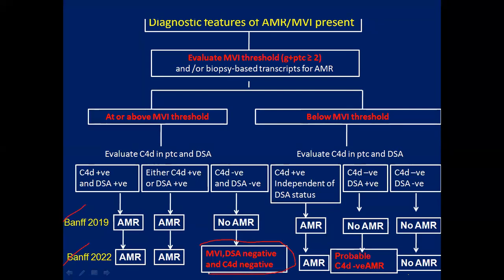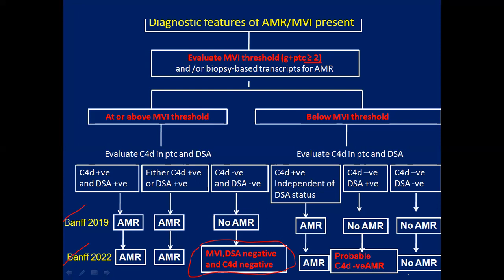For microvascular inflammation, there is a new category which they have highlighted in the 2022 BAN meeting. They say if you evaluate the microvascular inflammation, the glomerulitis and PTC capillaritis should be equal to or more than 2 score. And if it is at or above the MVI threshold, evaluate the C4D in the PTCs and DSA.